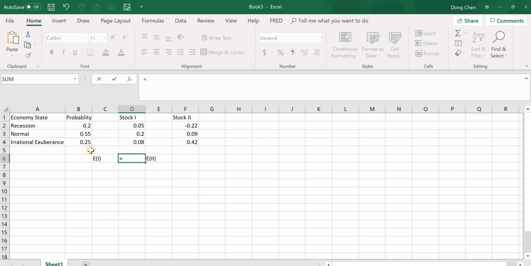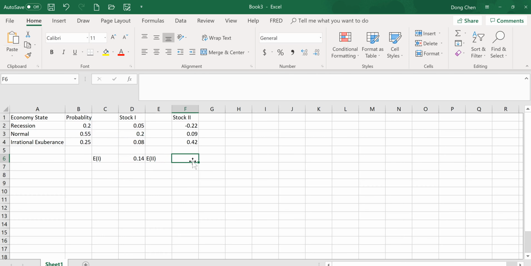So here we have 3 economy states, and the probability for the first one, recession, is 20%, and that times the return for stock 1 under recession is 5%, and go on, plus the probability for the normal state times the return under normal state, plus the probability under irrational exuberance times the return under irrational exuberance. So that's the expected return for stock 1.